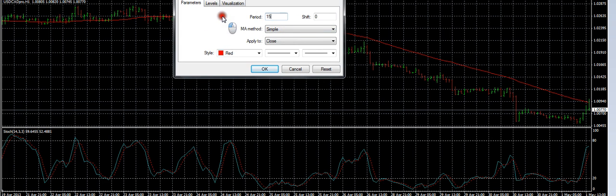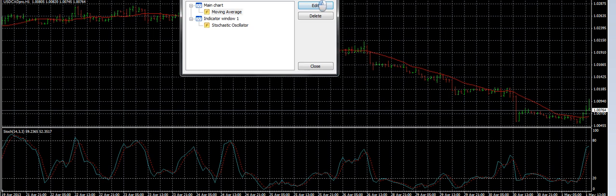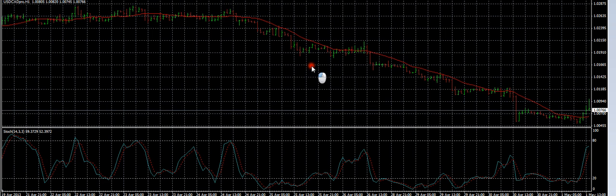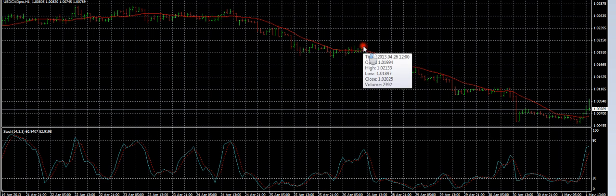So let's look at 15. Close. So you still don't get any good buy signal, except for right here, look. If you're using this moving average, you're looking for price to go above the moving average. If you're thinking price will continue on this downtrend, then look to go down.